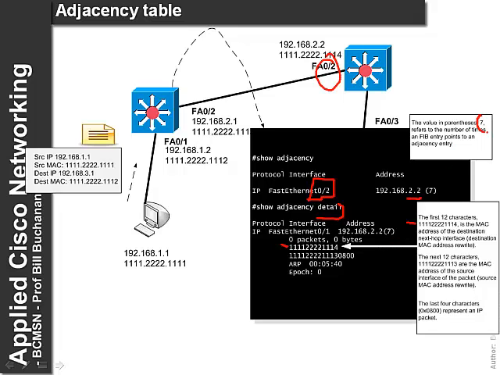The value of 7 here refers to the number of times that an FIB entry points to an adjacency entry. In this case also, the 0800 identifies that it's an IP packet.